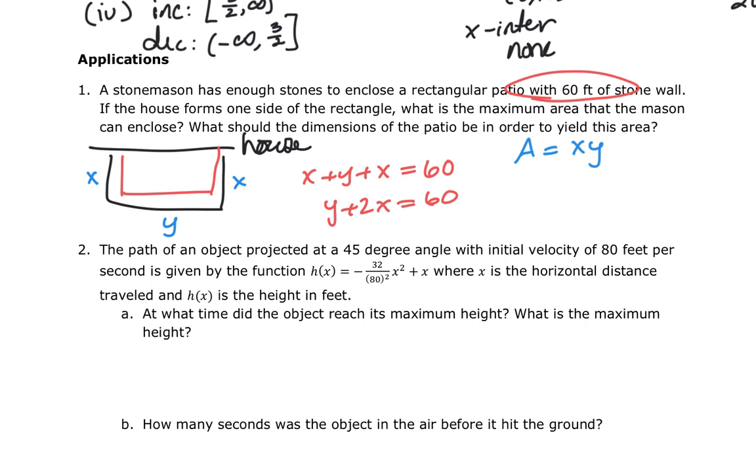The area of a rectangle is one side multiplied by the other side. Two equations, two unknowns. Let's take the first equation and solve for y. Y is equal to 60 minus 2x, and let's put it in right here. So I have the area is equal to x times (60 minus 2x).